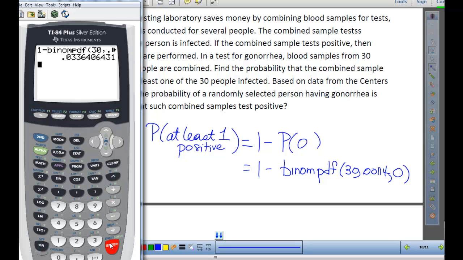So we get 0.0336. About 3% of those samples would have to go back where you would do the individual testing. Okay, which is not bad. I mean, just imagine how many tests they would have done if they did not do this group testing. Okay, very good.